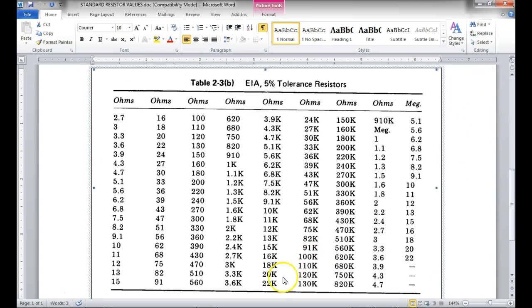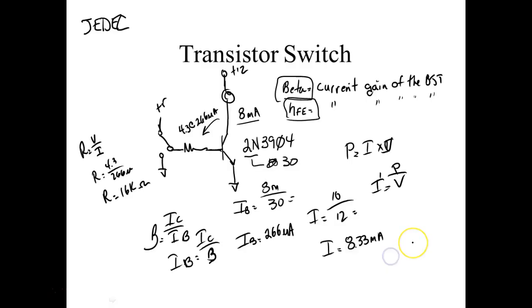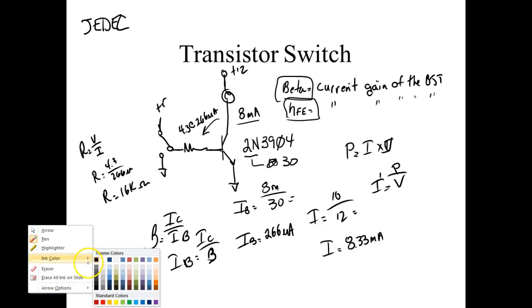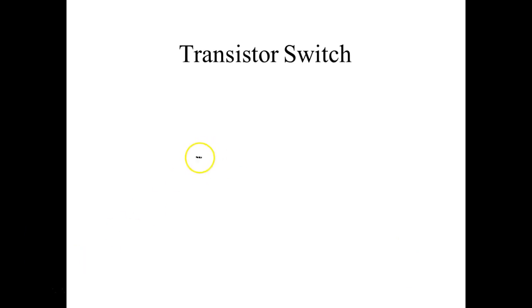But notice if I use highs and lows, so let's go back to just a transistor. And what I'm going to do is come up here and let's do 5 volts right there. And I'm going to take my output right here.